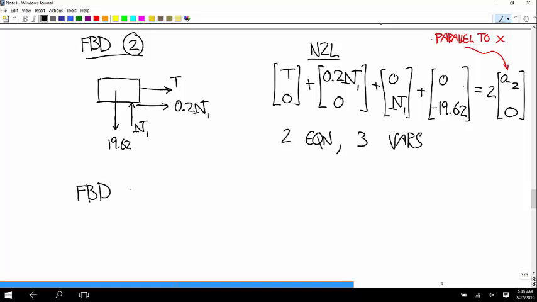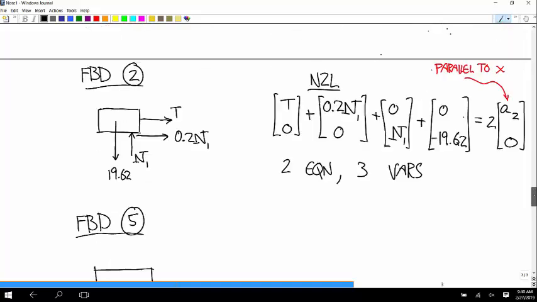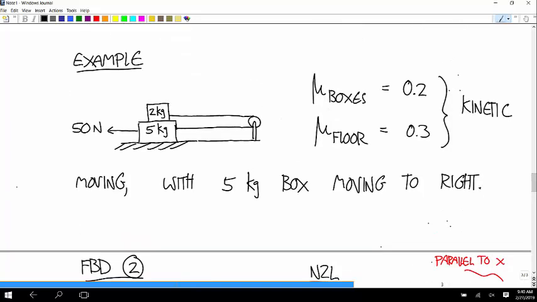Okay, so a free body diagram of the 5 kilogram box. There's the weight force of 5 times 9.81, so 49.05. There's pushing contact and a friction force with the ground.